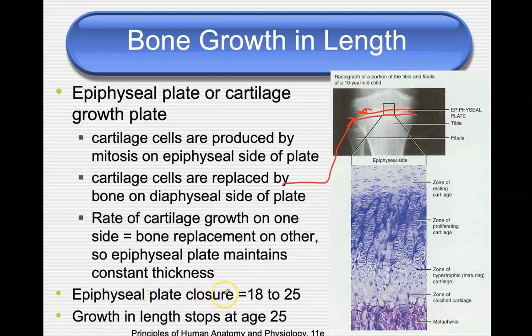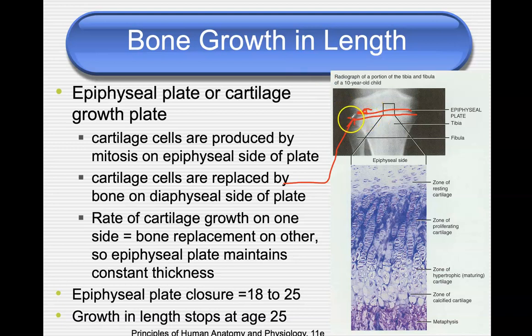And the epiphyseal plate will typically eventually close, and we'll talk about how that happens in terms of ossification catching up. So basically, your cartilage cells will slow their growth due to changes in hormones at the end of adolescence.